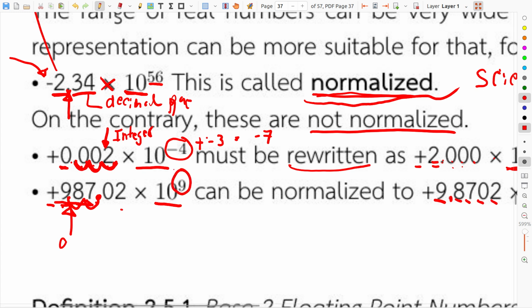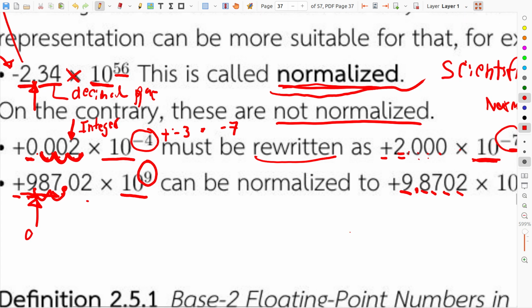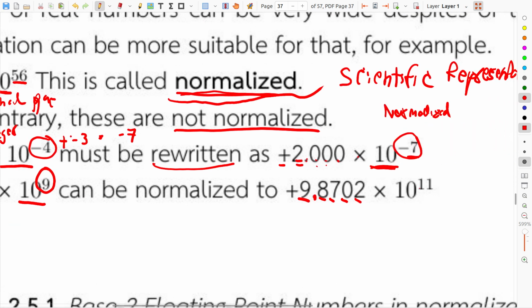Now this exponent must be adjusted. Since we shifted the decimal point 2 places, it's going to be plus 2 here. So 9 plus 2 is 11.